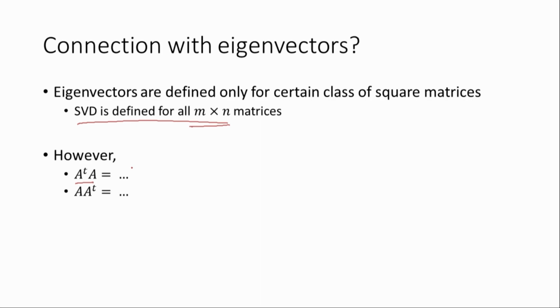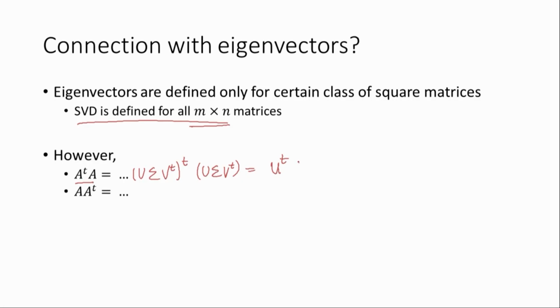If you write A as U sigma V transpose, so A transpose A is V sigma transpose U transpose U sigma V transpose. Correct? I haven't done anything. I just replaced A as U sigma V transpose. So what does this come out to be?